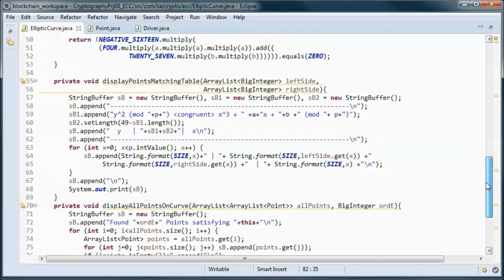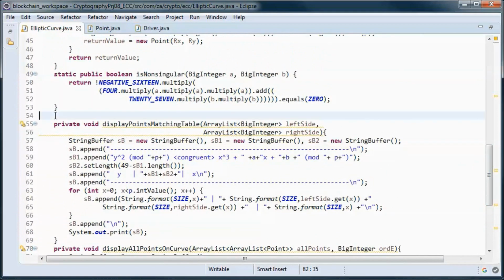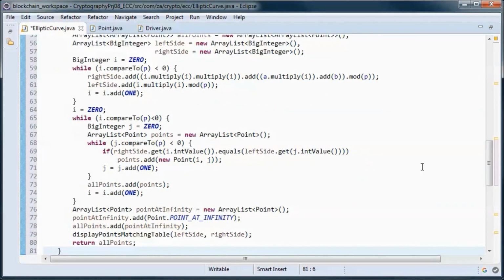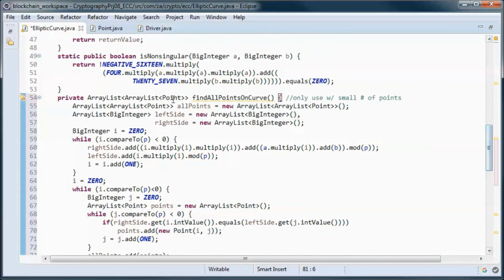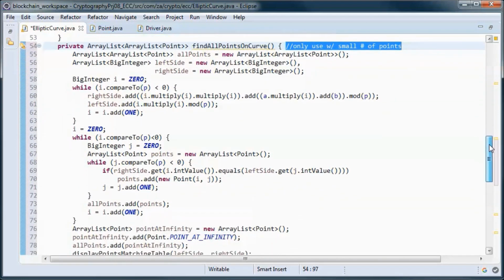And this method handles finding all the points that are on the curve, and this can only be used with a small number of points, otherwise it would go forever.